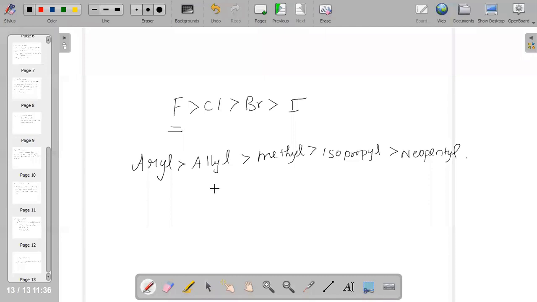So whichever is the major product here will be CH2Br CH2 CH2OH. Apply the rule and this will give you the answer as CH2Br CH2 CH2OH, that is 3-bromo-1-propanol.